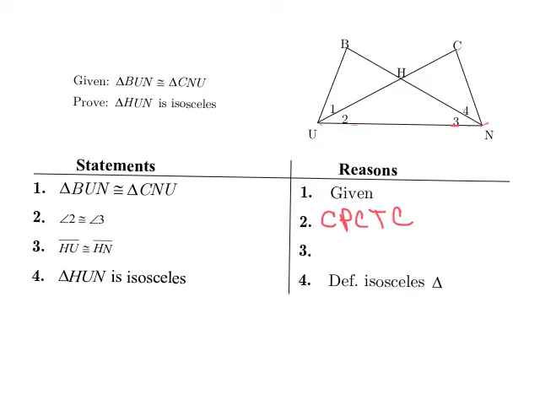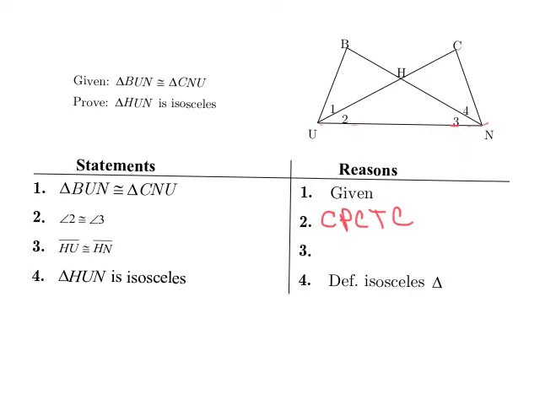And here's why we can say that. Because I have the angles in this center triangle congruent. So triangle HUN, that triangle has the base angles congruent. And when base angles are congruent in a triangle, the sides opposite the base angles are congruent.